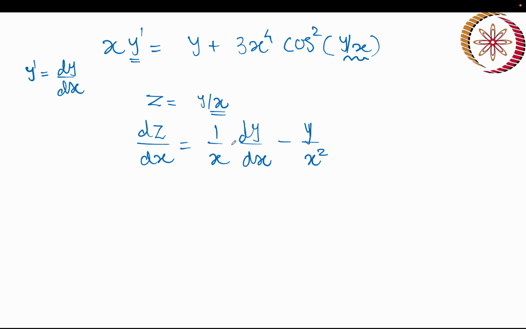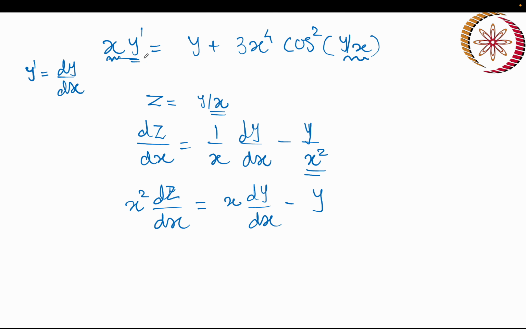Now we are solving this equation. You can see that the x y derivative is there. If we multiply both sides by x square, we get x square dz by dx is equal to x dy by dx minus y.